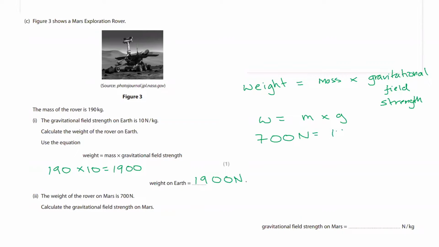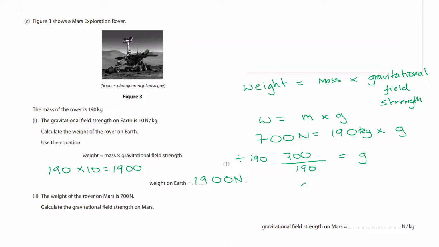Its mass is the same everywhere in the universe, times g. We don't know g, and that's what we're trying to work out. So we're going to divide both sides by 190. So 700 divided by 190 is equal to g.